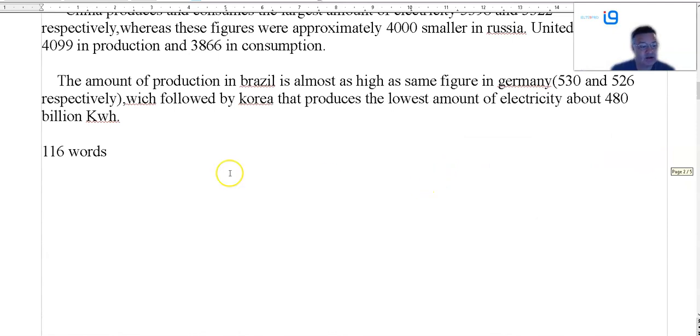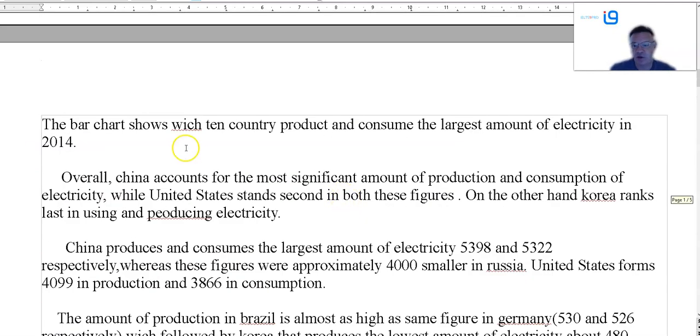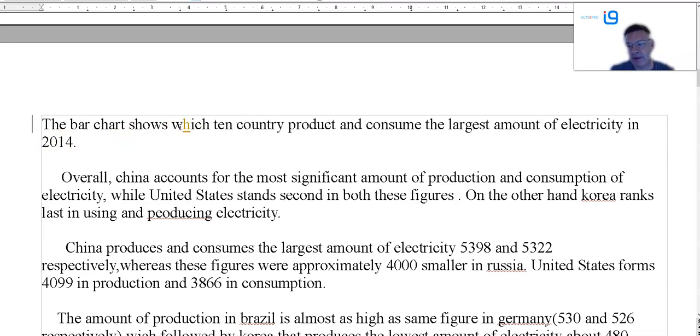Okay, next. Even shorter, 116. Which top 10 countries? Now, I'm not going to rewrite all these. 1, can't be bothered. 2, I don't have time. So: the bar chart shows which 10 countries produce and consume the largest amount of electricity in 2014.